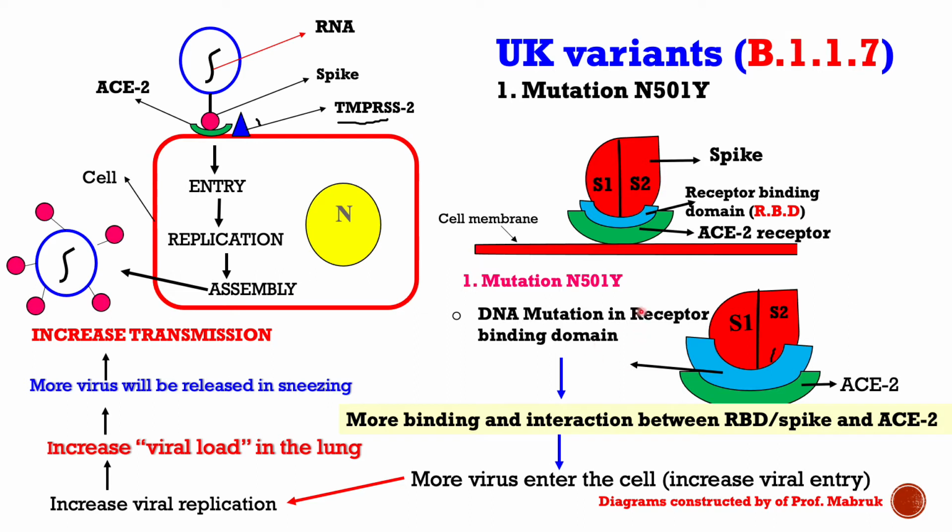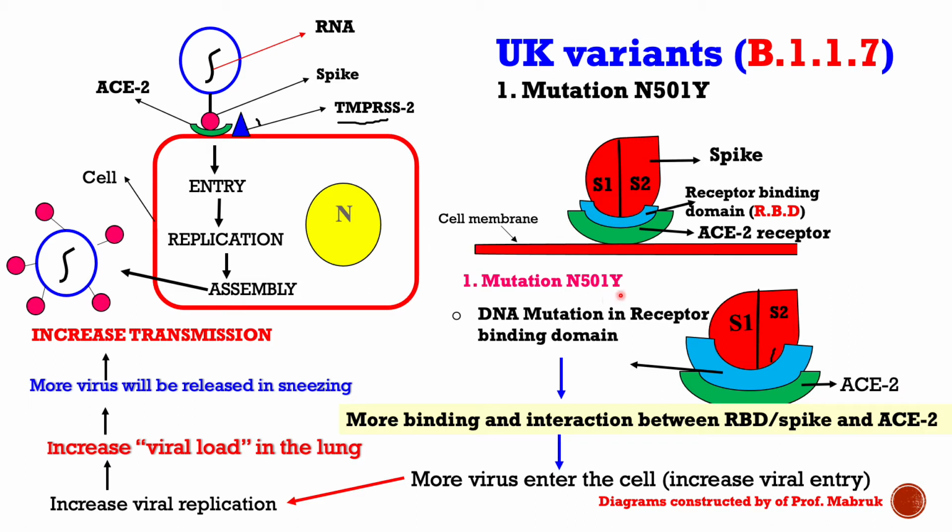Again, in the UK variant, we have three different mutations. The first mutation, which we call N501Y, this nucleic acid mutation, results in an amino acid substitution, to be more precise, in amino acid number 501 of the spike protein of coronavirus COVID-19.